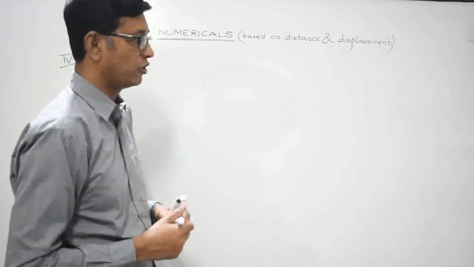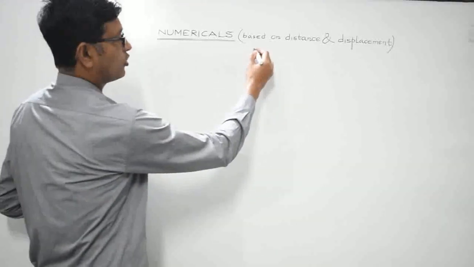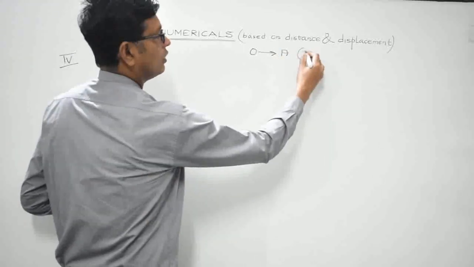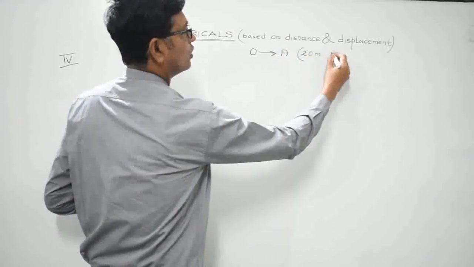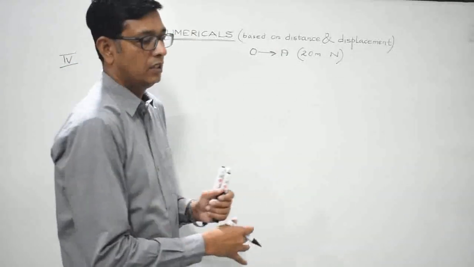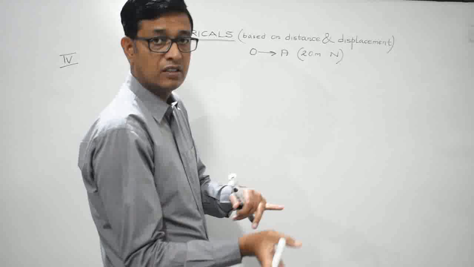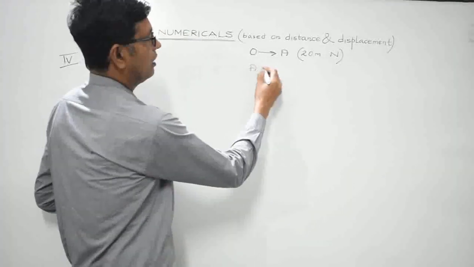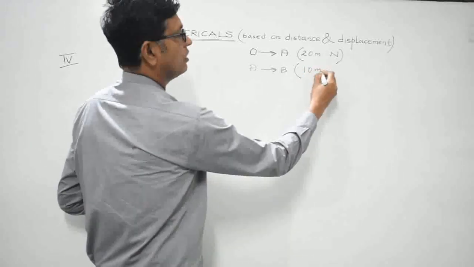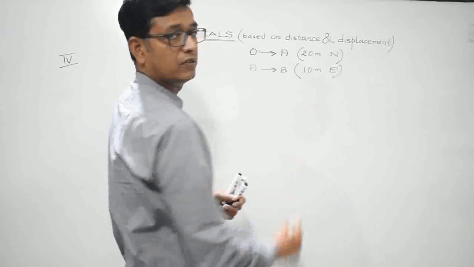Okay, I'll repeat the question. A person starts from origin and suppose he moves 20 meter towards north. Then he turns towards right, A to B, and moves 10 meter due east.